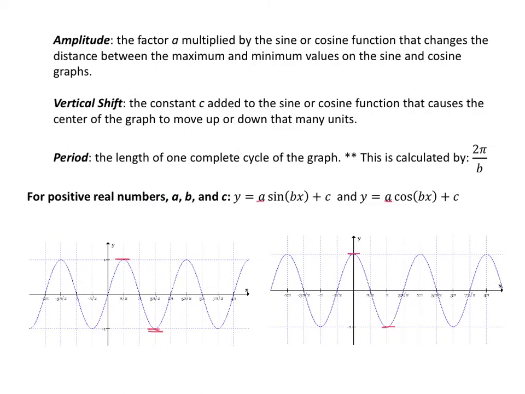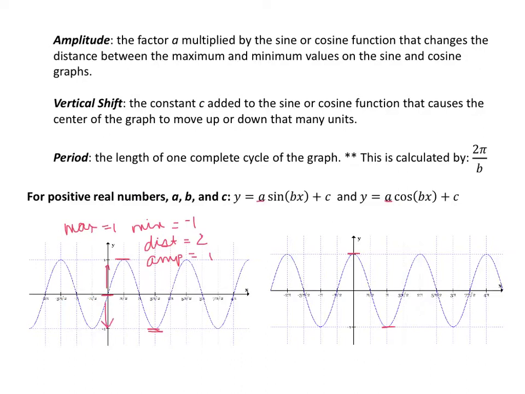So what we see here, we've got a maximum of 1 and a minimum of -1. So the distance between these is 2, which means that my amplitude is half of that, which is 1. Otherwise, you can think of it as the distance from the center line to the maximum and to the minimum.